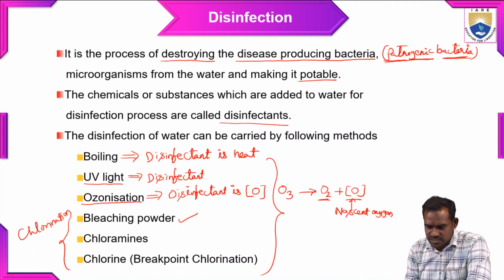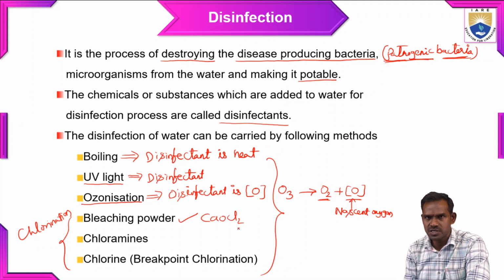The technique involved in this process is bleaching powder, CaOCl2, which is chemically called calcium oxychloride. It is the chemical name of bleaching powder and CaOCl2 is its chemical formula.